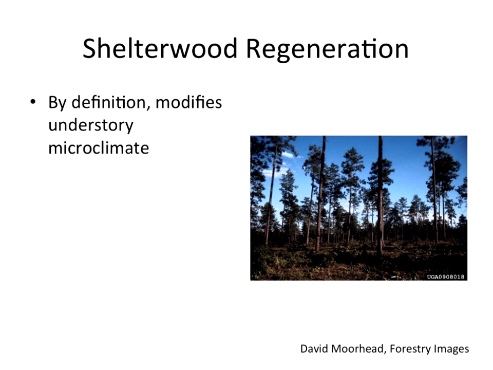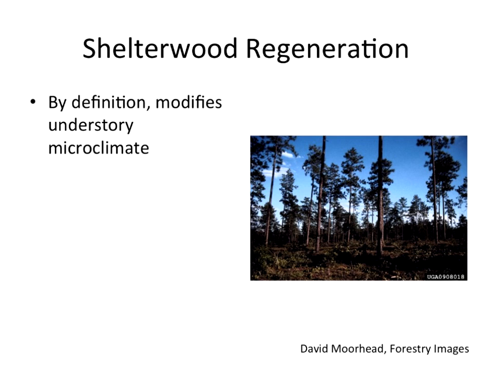So for instance, we're all familiar with shelterwood regeneration, which is a regeneration technique where we leave some overstory trees. And I recall from silviculture years ago when I took it, the definition of a shelterwood cut relative to a seed tree cut is that a shelterwood, by definition, modifies the understory microclimate.